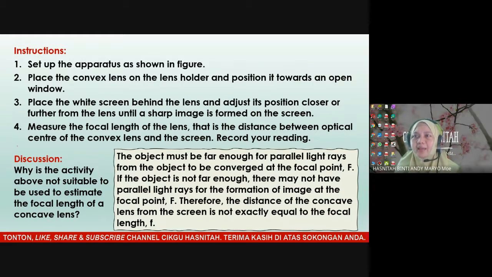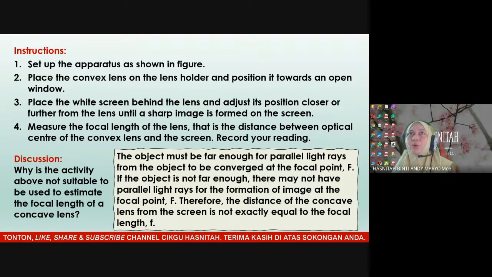There is one question here: why is this activity not suitable to estimate the focal length of a concave lens? If we are using a concave lens, what is going to happen? As written here, the object must be far enough for parallel light rays from the object to converge at the focal point. Nicholas, this is what you were asking just now.